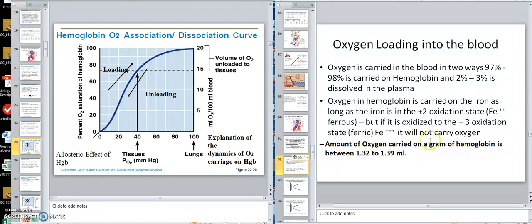The amount of oxygen carried on a gram of hemoglobin is between 1.32 and 1.39 mL. Generally, an average value would be 1.34. Now, why the disparity? Idealistically it's 1.39, if all of the hemoglobin was in the +2 state.